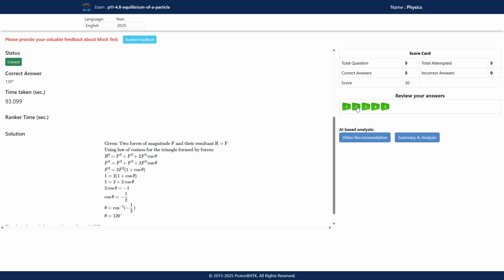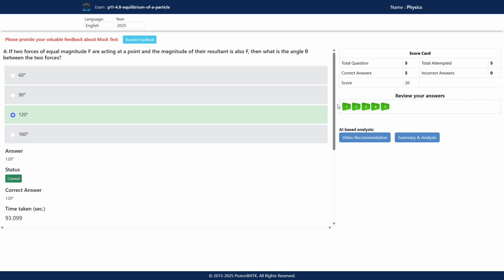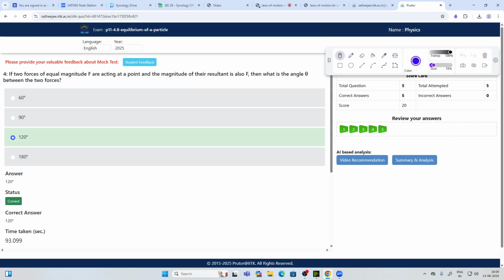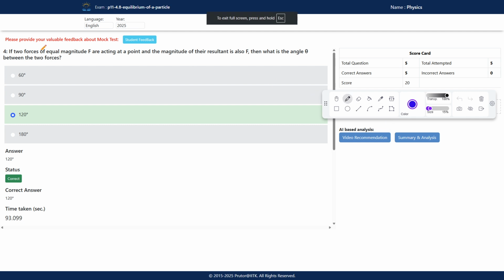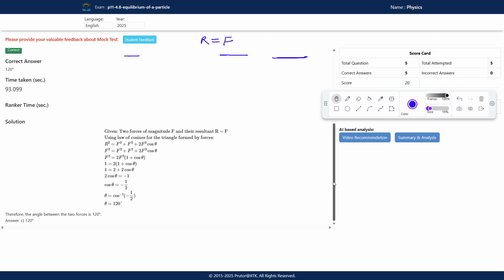In this question, we have to find the angle. If two forces of equal magnitude F act at a point and the magnitude of their resultant is also F, here R and F both are equal, then what is the angle theta?